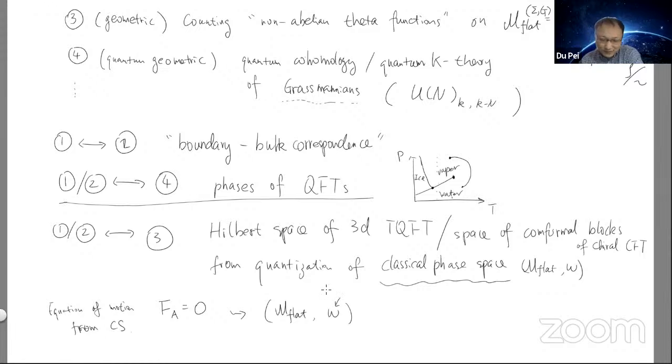And the symplectic form is sometimes referred to as the Atiyah-Bott form, or the Atiyah-Bott-Goldman form.